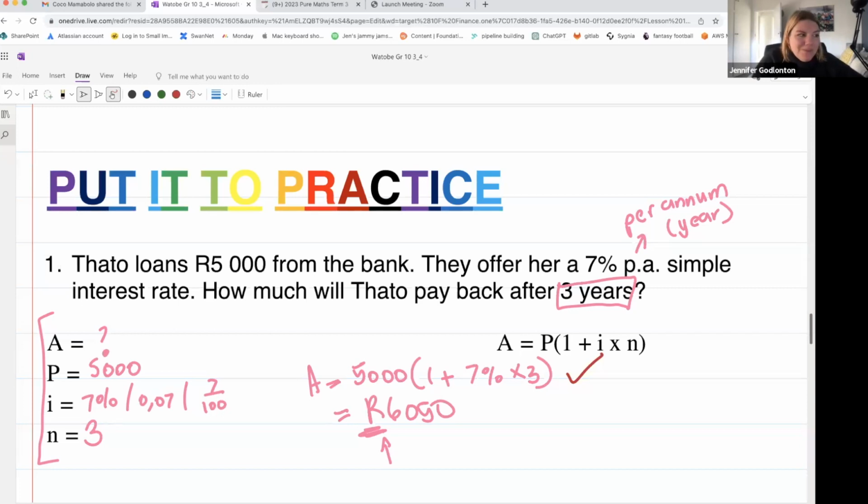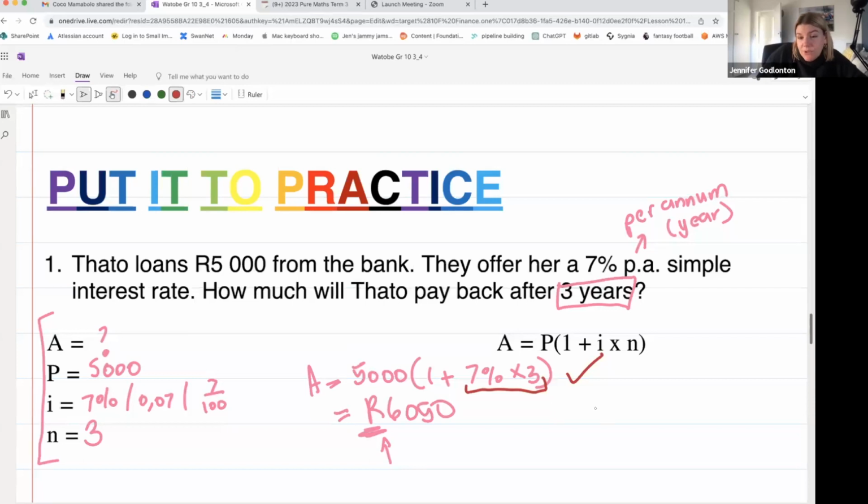Princess, how can I help? Ma'am, just a hypothetical question. What if someone distributes the 5,000 into each number, one by one, and then writes down the step? You can, you just need to be careful that this over here is one term because they're being multiplied together.